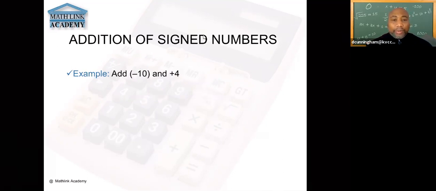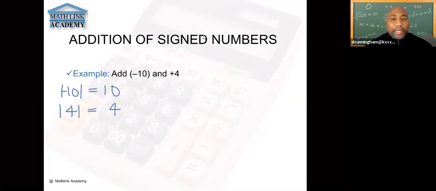Let's do another example. It looks like the same one, but it's a little different. This one says add a negative 10 and a positive 4. In our example here, we take the absolute value of negative 10, which is 10, and the absolute value of 4, which is 4.